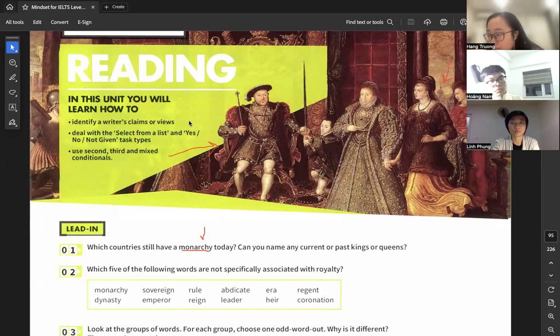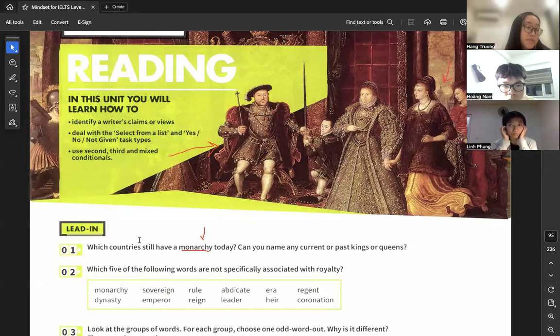It's a very distinctive form of government that we don't typically have anymore in the modern world, right? But in some parts of the world, they still have this type of institution going on. So, which countries still have a monarchy today? Do you know?